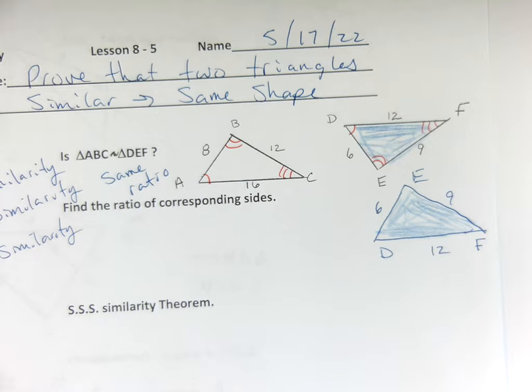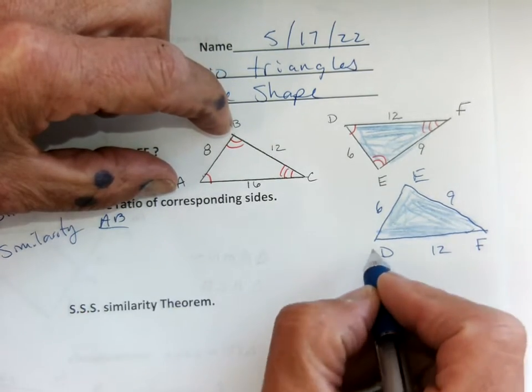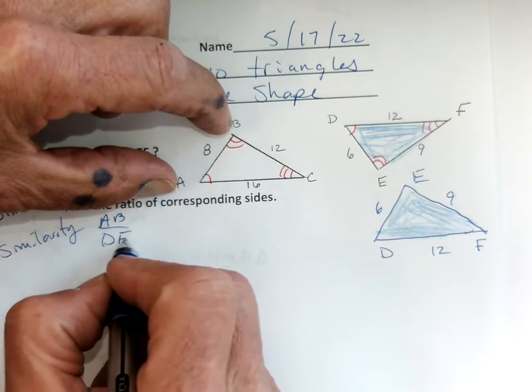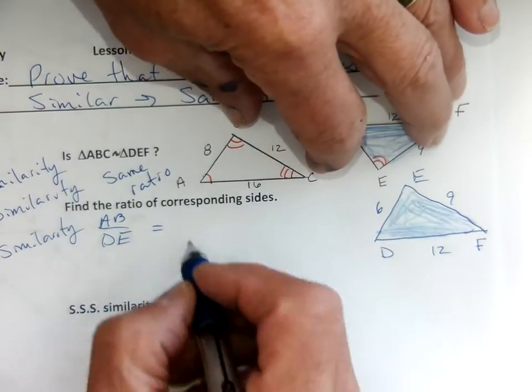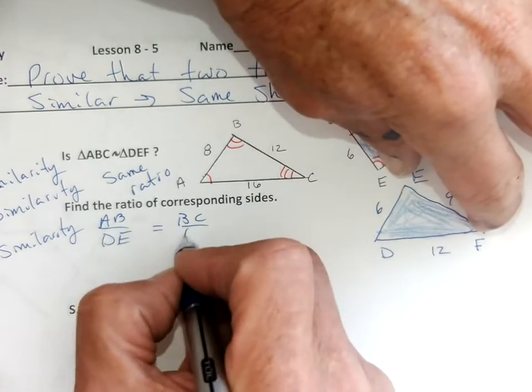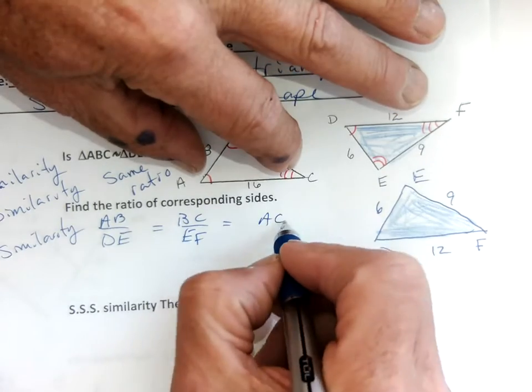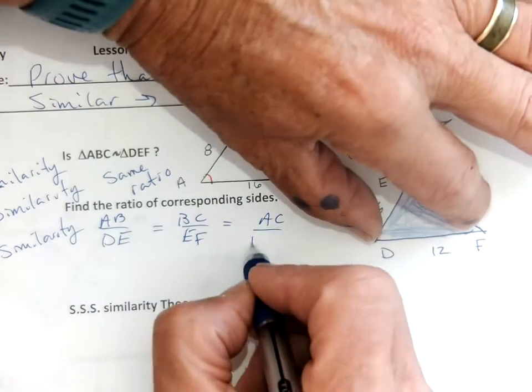Okay, so what's our ratios? Let's see. We want to see. So AB needs to go to DE, as BC needs to go to EF, as AC needs to go to DF.